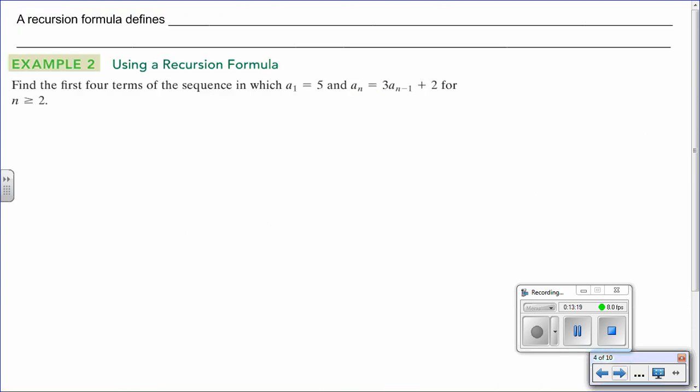Okay, so next slide. Recursion formula. Let's write that definition, please.